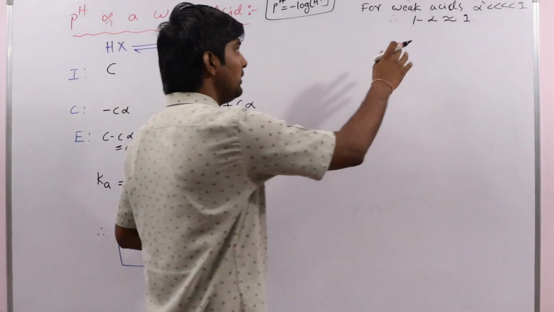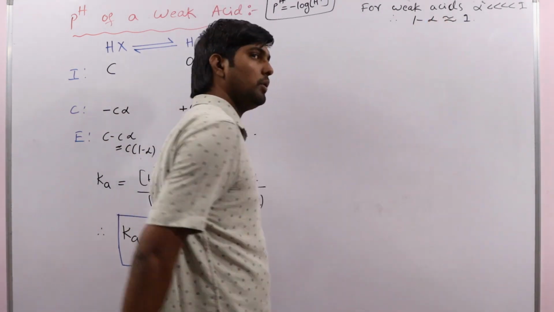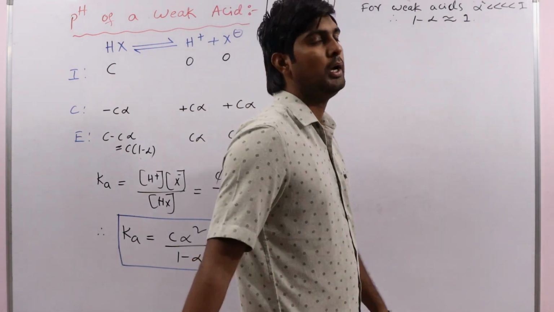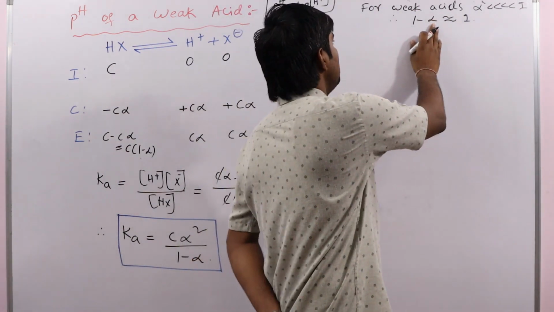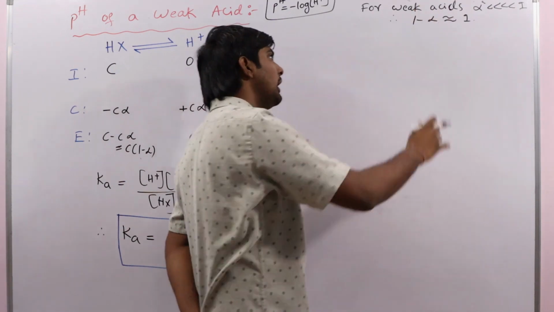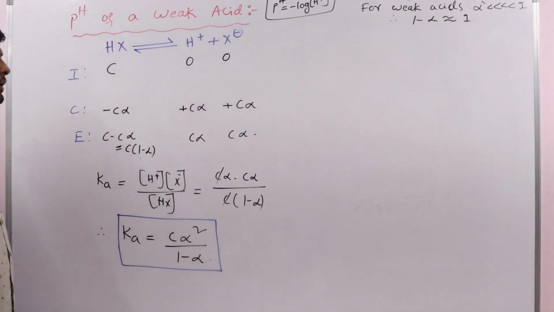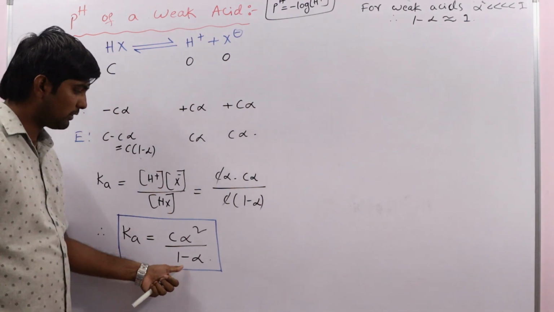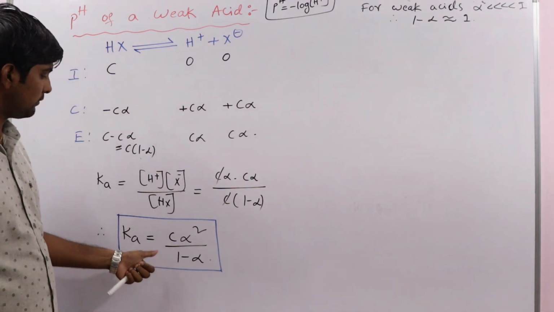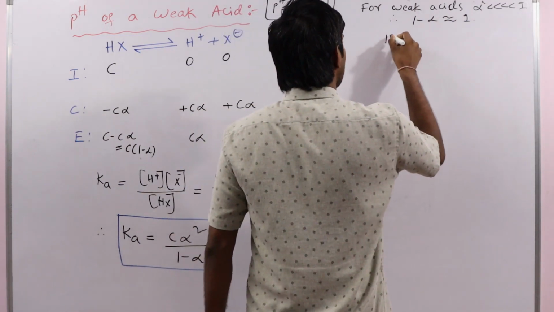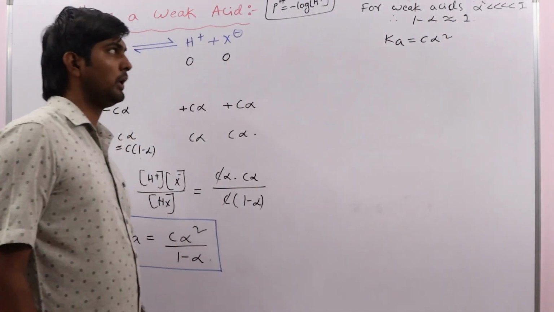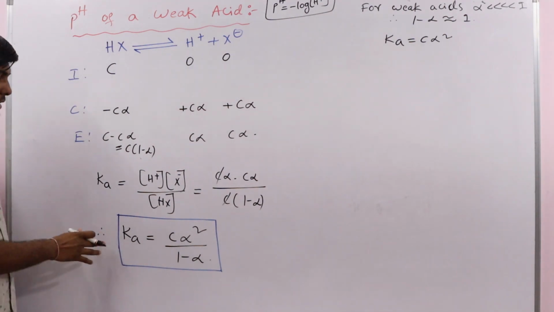Alpha value is very small when compared to 1, that is 0.001, 0.0001, whatever it may be. So alpha is negligible, that's why 1 minus alpha is almost equal to 1. If you consider that approximation, 1 minus alpha becomes 1. So overall we get Ka is equal to C alpha square.